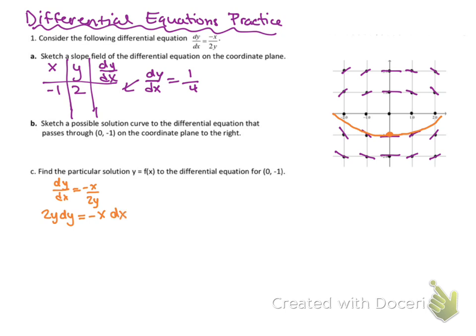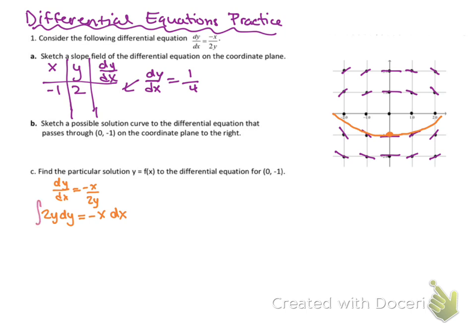Actually, you should never have a dy or a dx on the bottom of a fraction, so by default, the dx is always going to go to the right, and you're going to get all your y variables to the left. Once we do this, then we are going to take the integral of both sides.